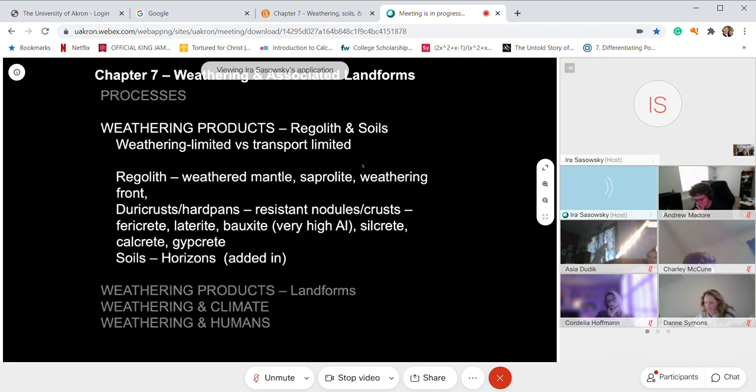Okay, it's anything that's loose material and it's at or near the surface of the earth. That includes all soils, right? Because soils are relatively loose material. So soil is a subset of regolith.